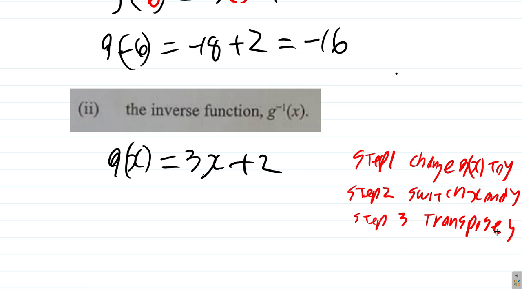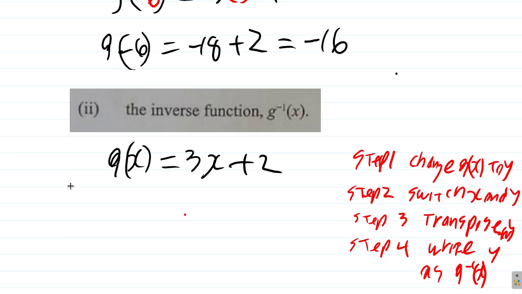So you transpose for y. Step 4, you write y as g inverse of x. So that is what is going on.